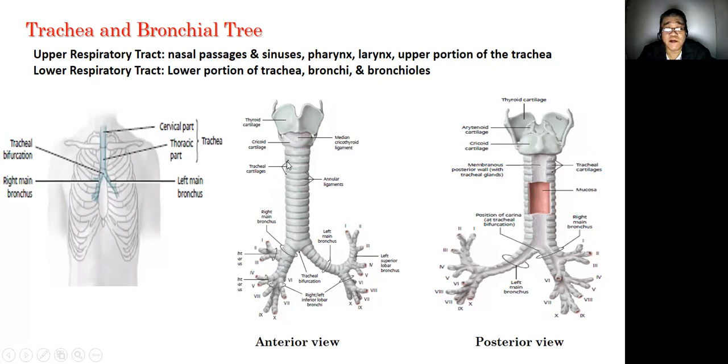Now the trachea, if you notice, is embedded with a U-shaped bar of hyaline cartilage.